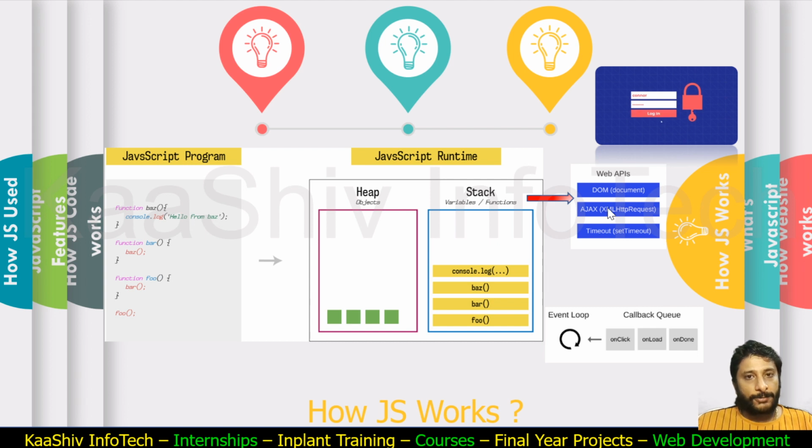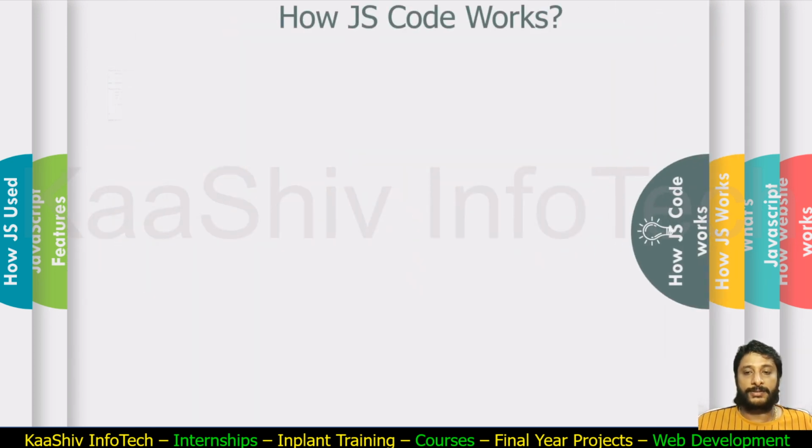If it is Ajax processed, if it is timed also, it will take care. Everything is done by web APIs. This JavaScript is accessed by web APIs, and it will process the events. It can be an on click event, on load event, on done event. Finish it. After finishing it, what do I have to do? On done event. So everything is processed by your processor.